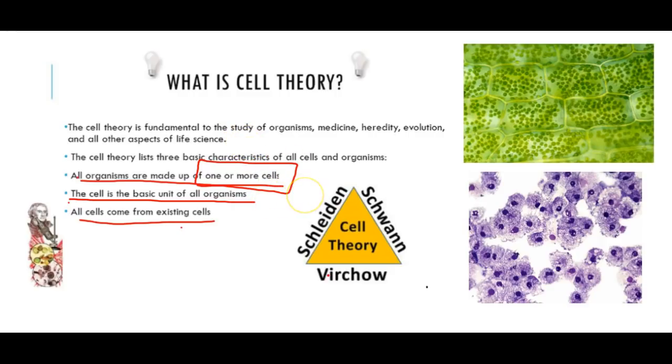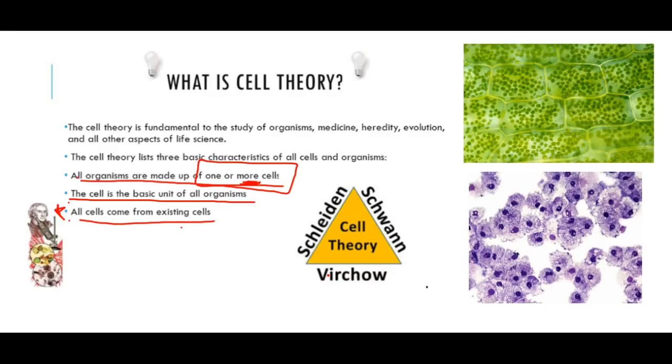They can definitely live as more than one cell, which is apparent when you look at you or any other animal. We are a multicellular organism made up of individual cells, which all have unique specialized tasks, which when they come together produce a very complex organism like yourself. And then the final component is that all cells come from pre-existing cells.